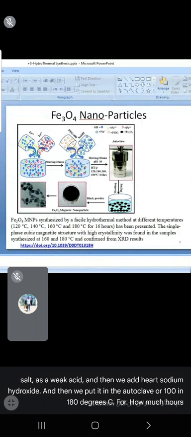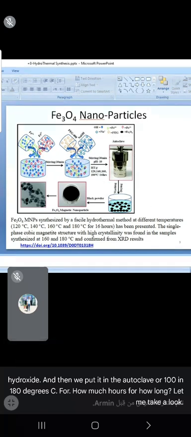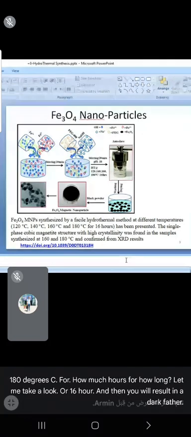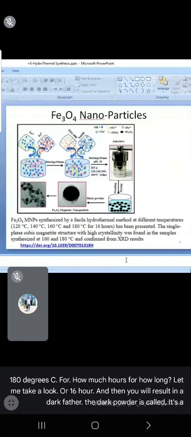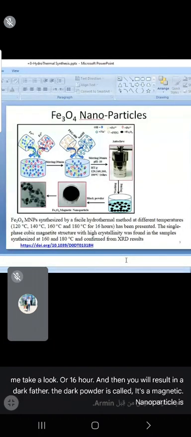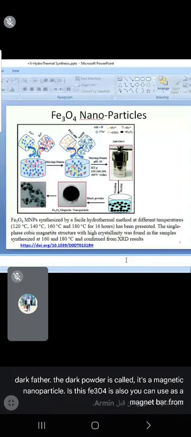For how long? Let me take a look. For 16 hours, and then you will get a dark powder. The dark powder is a magnetic nanoparticle, Fe3O4. You can also use it as a magnet bar or magnetic memory.